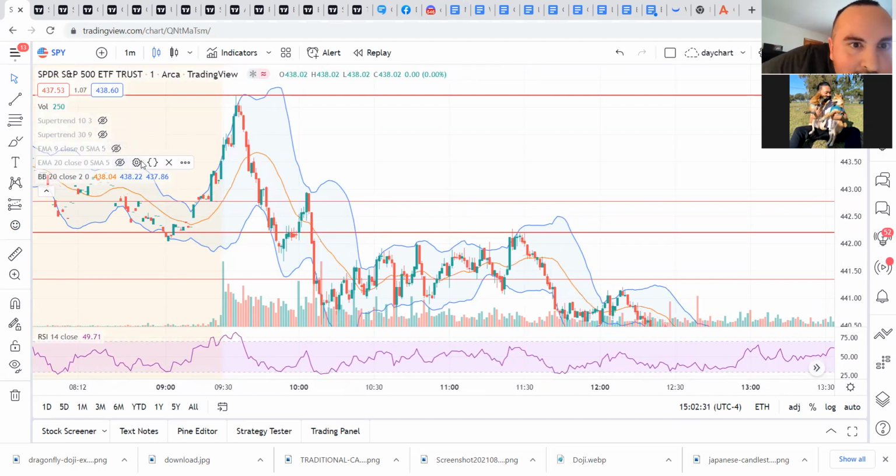So you have your center line, which is orange here, and then you have your top line and your bottom line. Obviously, the middle line is your midpoint. The top line is the top of the range, and your bottom line is the bottom of the range. And it's as simple as that, really.